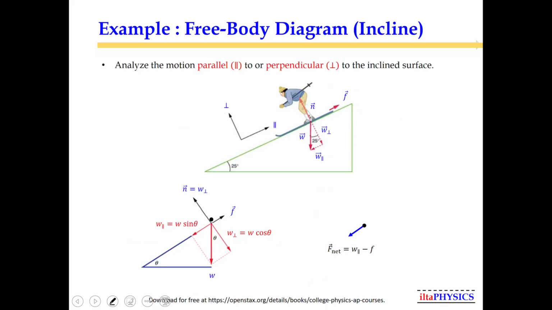This next example is a very common one that appears in many physics problems: motion on a sloped surface. In the figure below, a skier is sliding downhill along an inclined slope. When we analyze motion like this on a tilted surface, it's very important to set up the coordinate axes to match the slope of the motion.